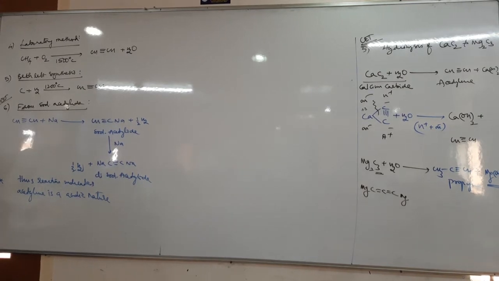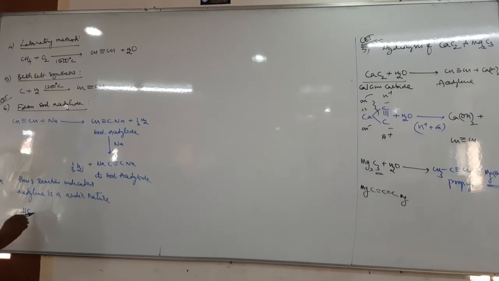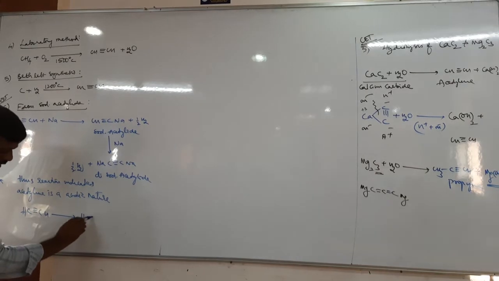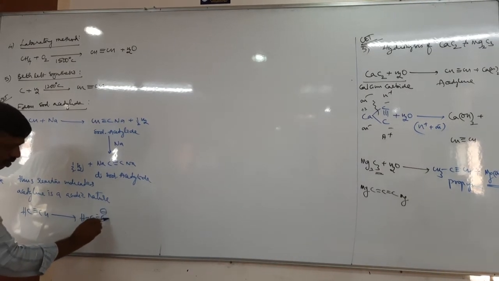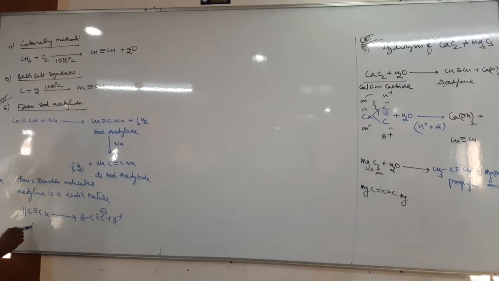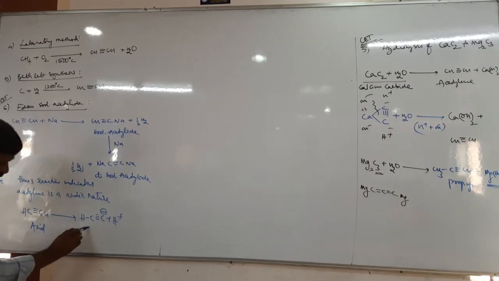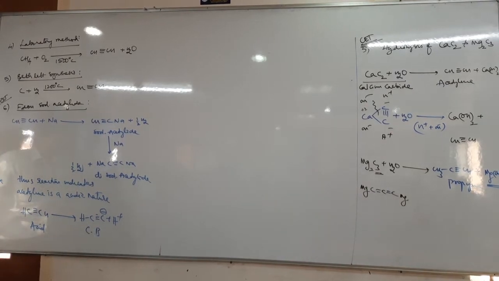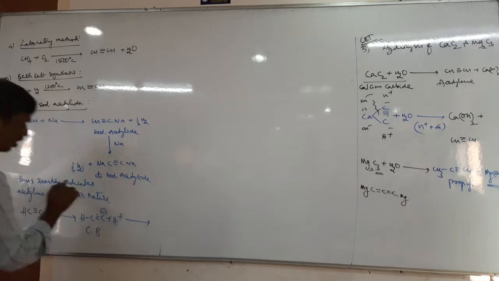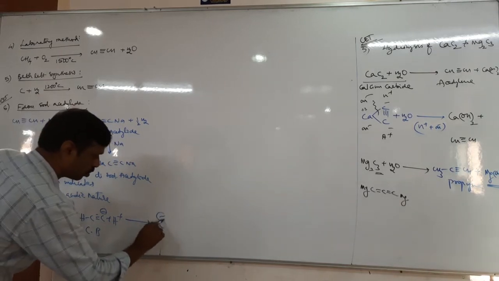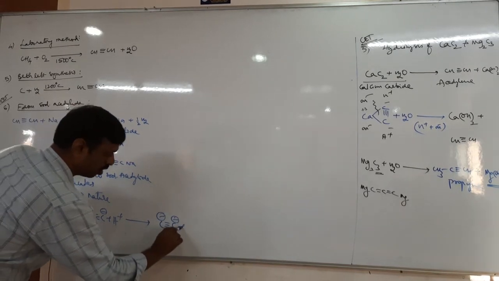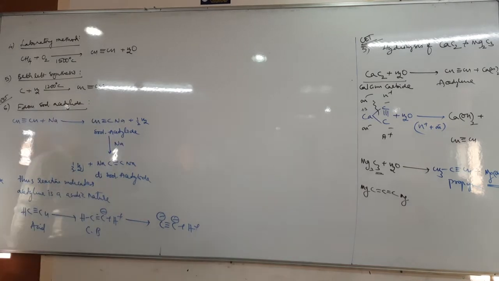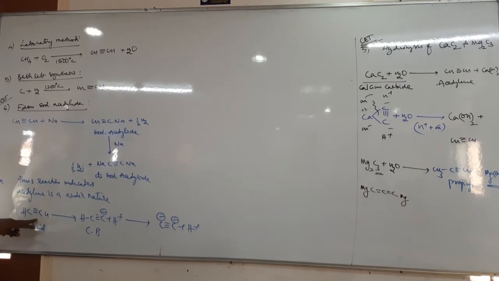Now tell me, since acetylene is acidic in nature, can we write like this? CH triple bond CH produces one proton. Okay, it is an acid. We know that an acid always produces what? Conjugate base. And this also has another proton. It gives another proton, right? Yes or no? So therefore, it is actually a dibasic acid.